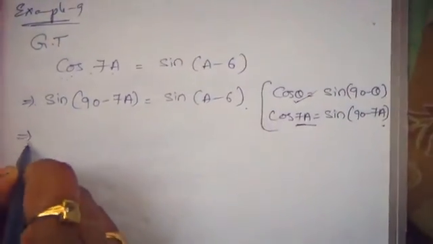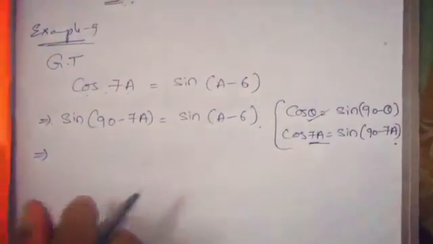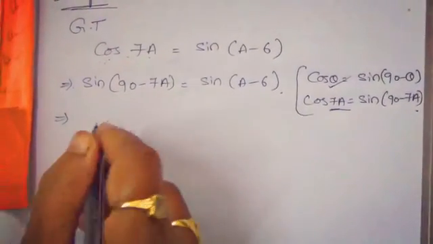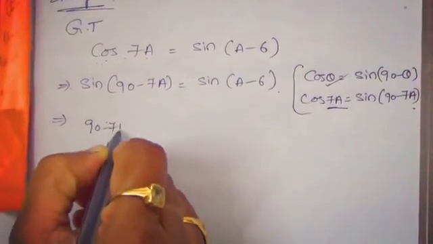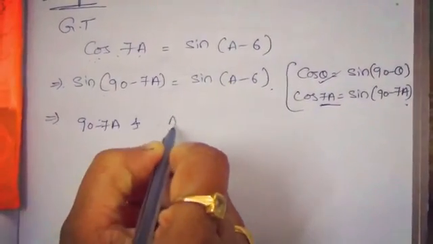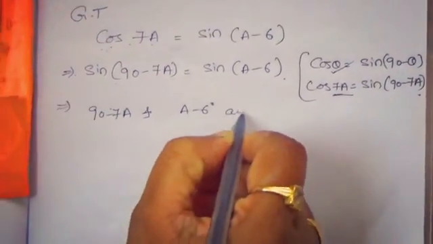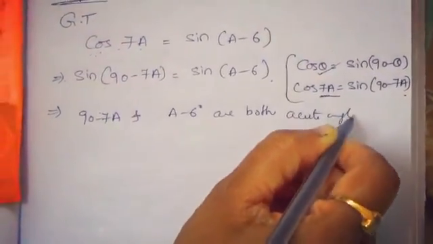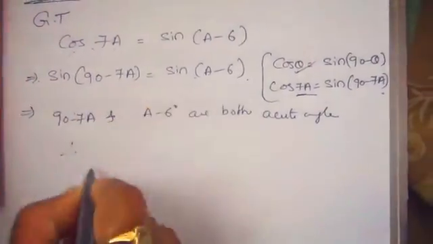That implies, look here, the sines. When you remove the sines on both sides, then you will get 90 minus 7A and A minus 6 degrees, which are both acute angles, as already given. Therefore, you just equate these two.